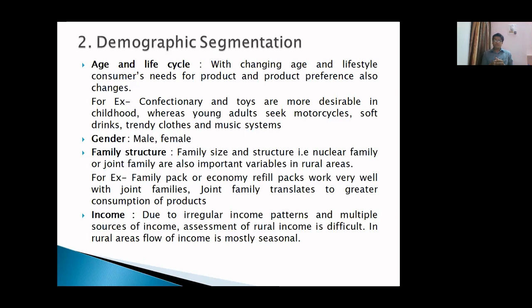Income. In rural areas, it has been found that income pattern is highly irregular. People have multiple sources of income, and this makes assessment of income in rural areas very difficult.